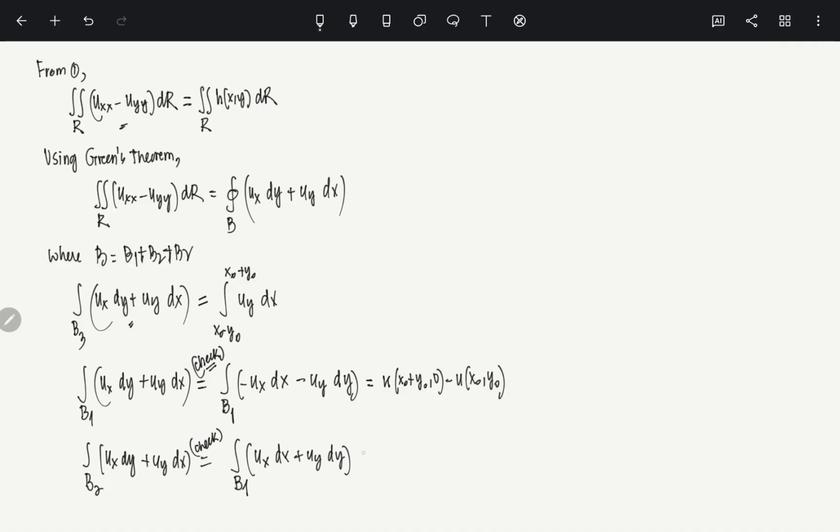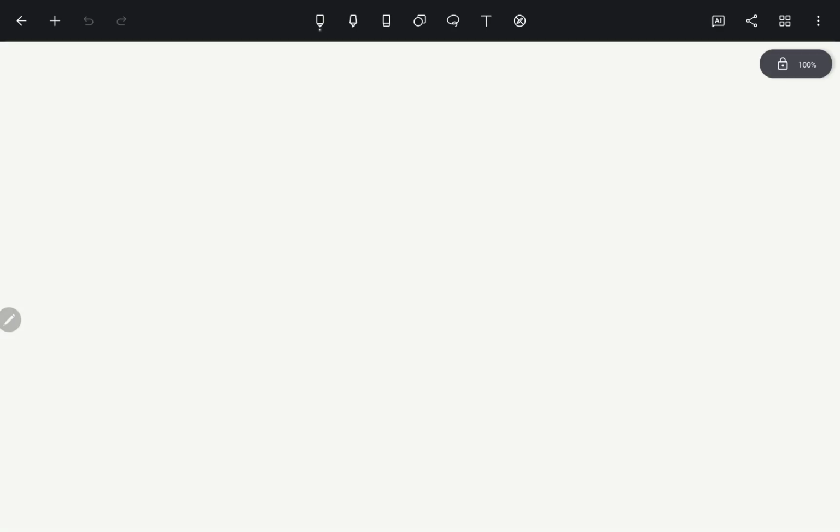So if you calculate it, it becomes u at the point x naught minus y naught, 0, minus u at the point x naught y naught. If you put everything together, what you get is therefore integral over b of ux dy plus uy dx.